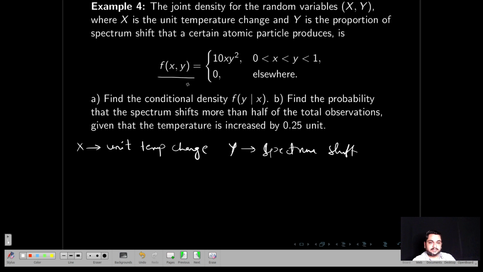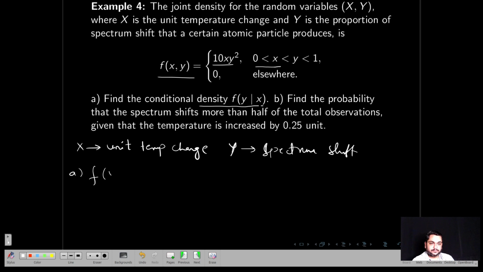The joint density is given as 10xy square in the interval 0 less than x less than y less than 1. Now, what do you have to find? Find the conditional density of f of y given x.